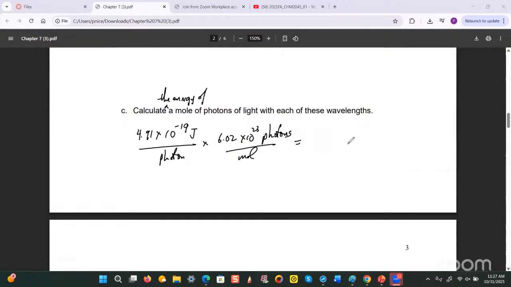According to my calculations, this rounds off to 2.96 times 10 to the 5, and the units here would be joules per mole of photons. And that's how that is done.